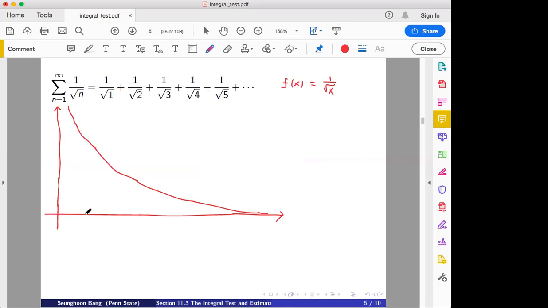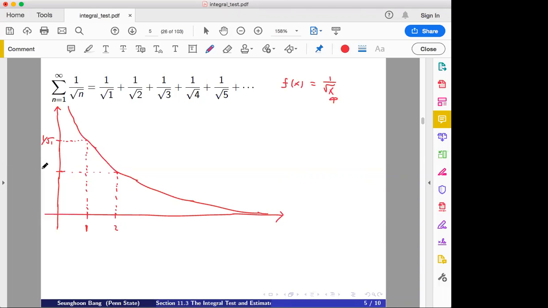This is 1 over the square root of x. You choose 1 and plug it in, so we have 1 over the square root of 1. This is right here. The next is to find the function value the same way.